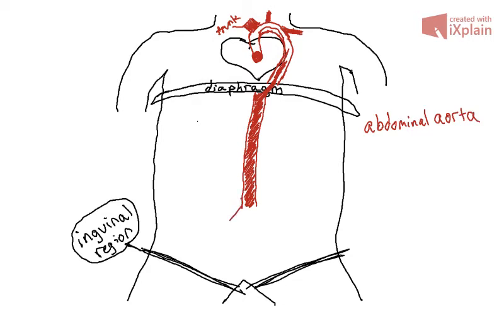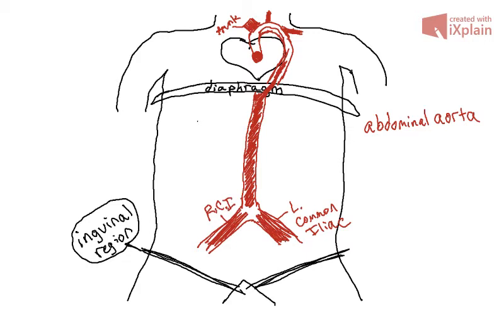Now it splits down here before it gets to your reproductive organs, and it turns into the common iliac. So this would be the left common iliac, and this would be the right common iliac.